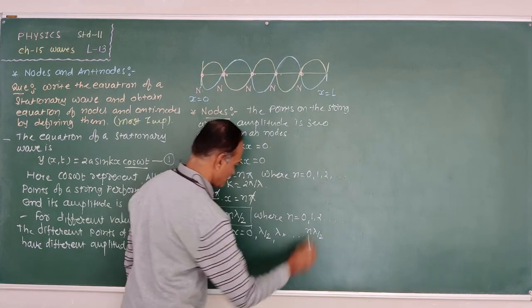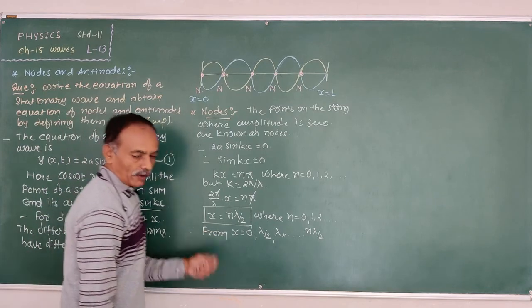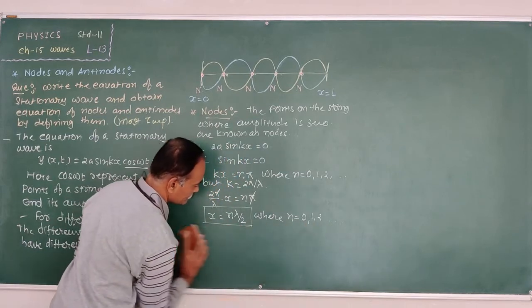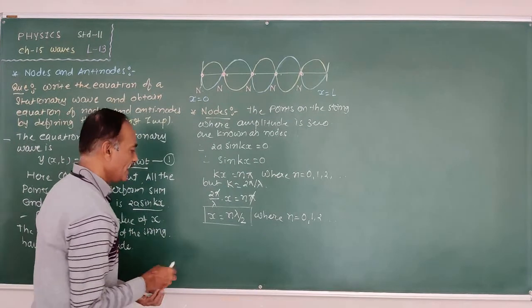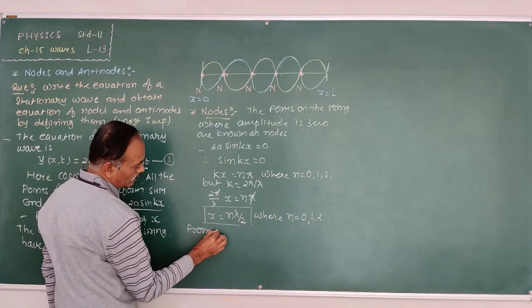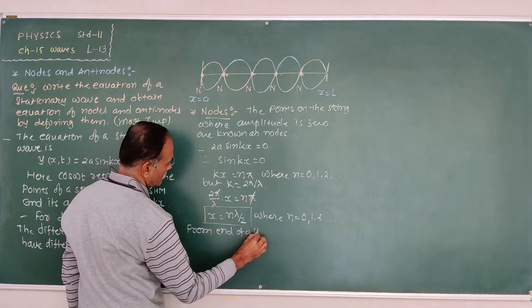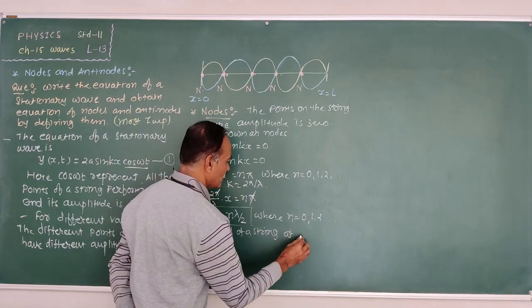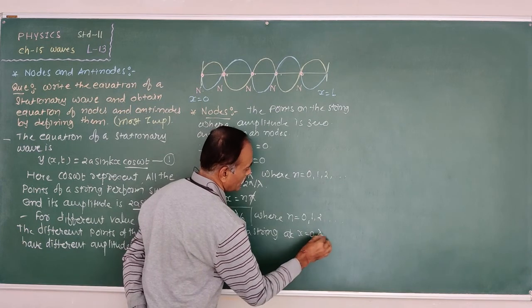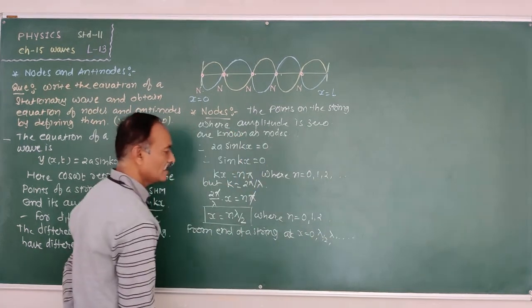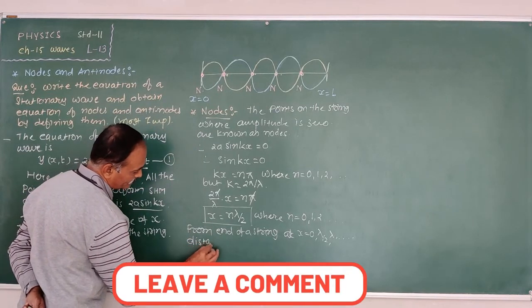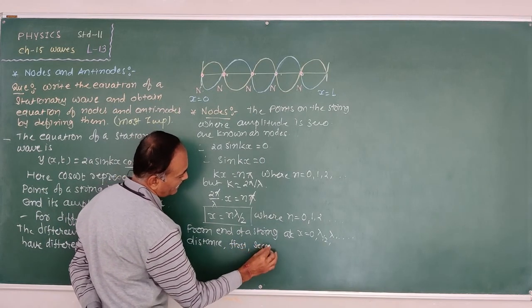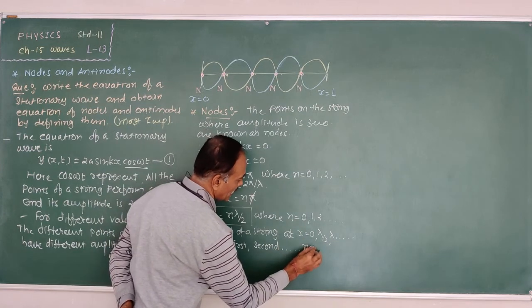The nodes are obtained at x equal to 0, lambda by 2, lambda, and so on, measured from the end of the string.